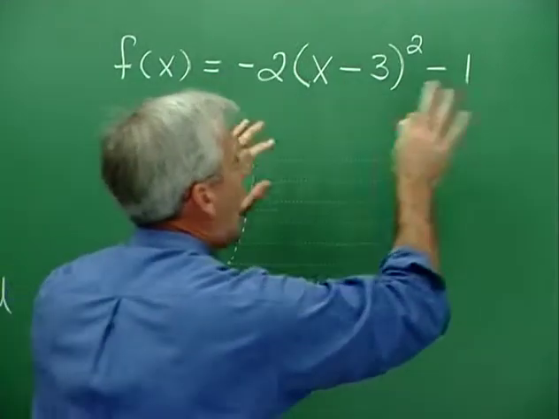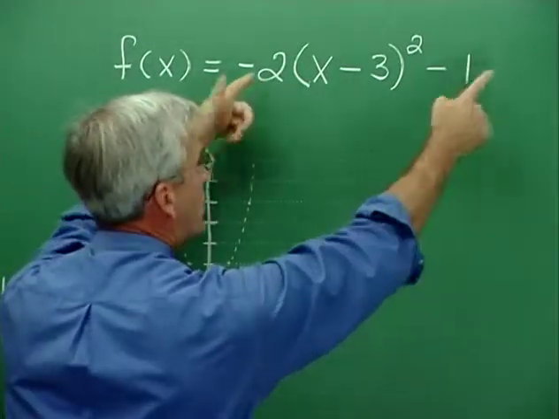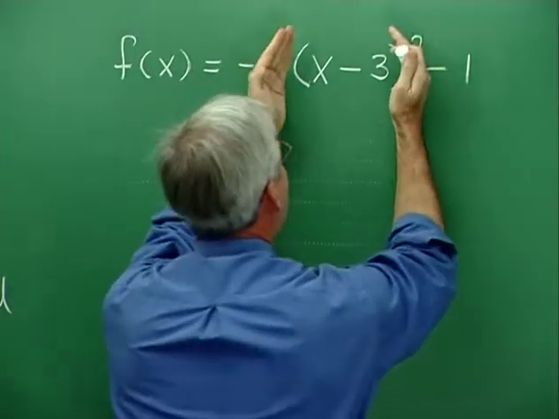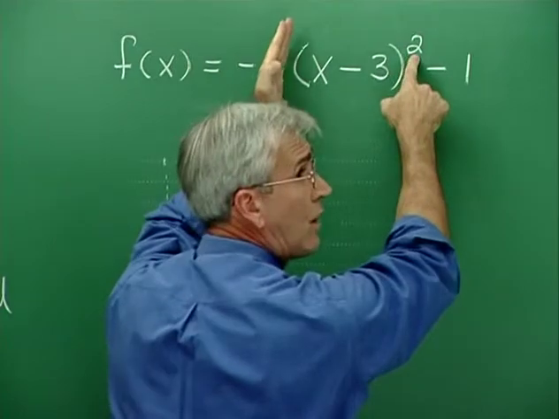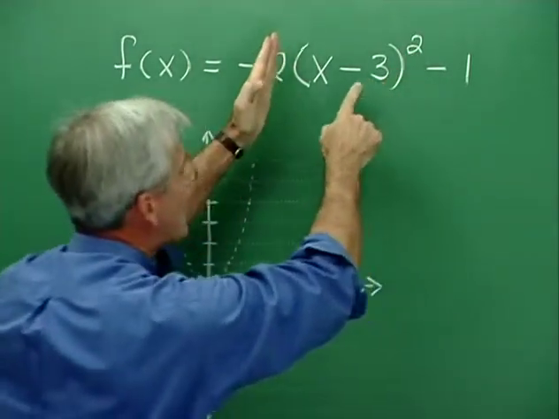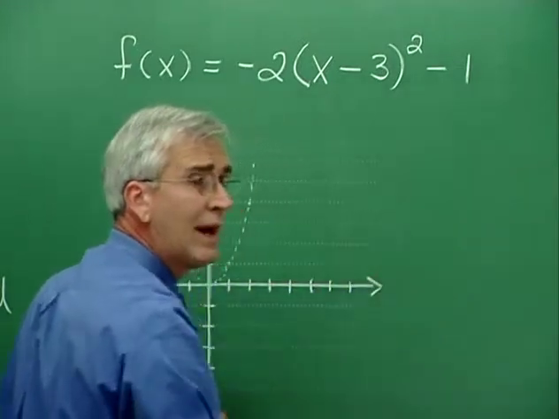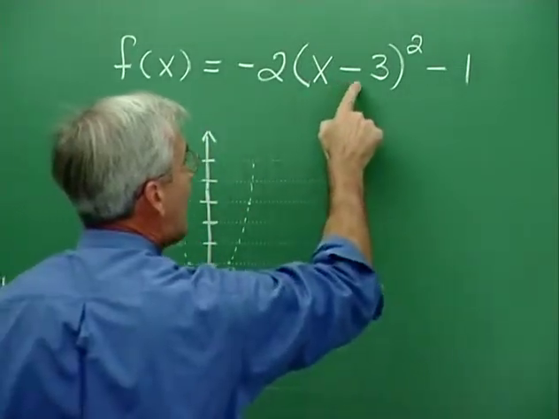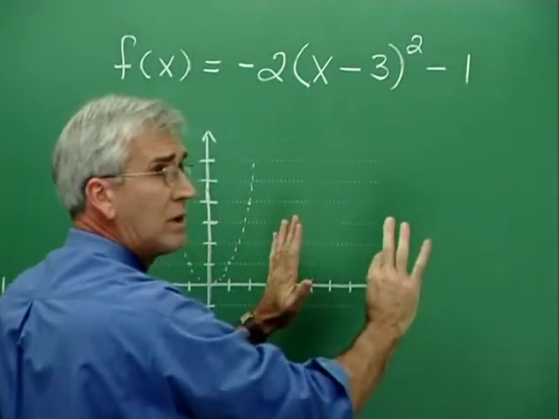All right, now our various transformations arise by virtue of the various numbers that we see here. When we have an addition or subtraction of the variable before the squaring operation, then the transformation, it's rigid, is left or right, but in a direction we don't expect. If we see x minus 3, then the graph actually moves plus 3 on the coordinate plane.